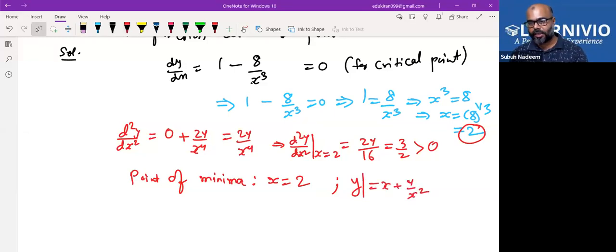So when you take x is equal to 2, what will be the value?